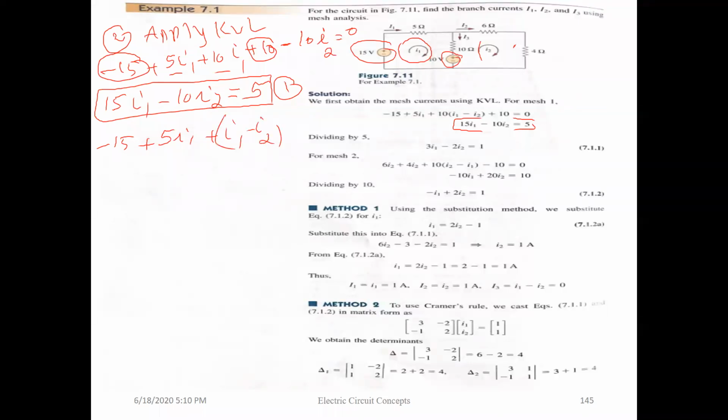Do not start with I2, because now we're applying our KVL around loop number 1. So loop number 1 means I1 has to be first, minus I2, and then multiply by 10, and then we have to add the other voltage, which is plus 10, equal to 0.